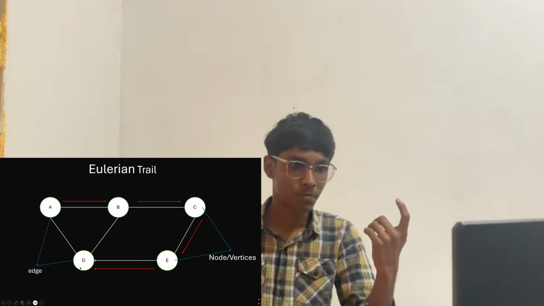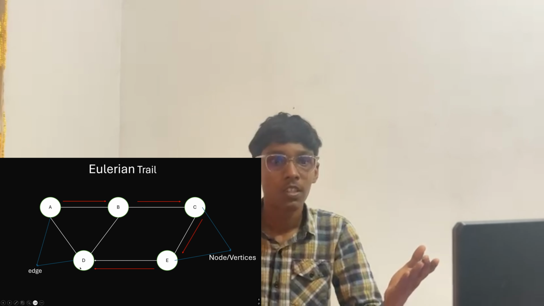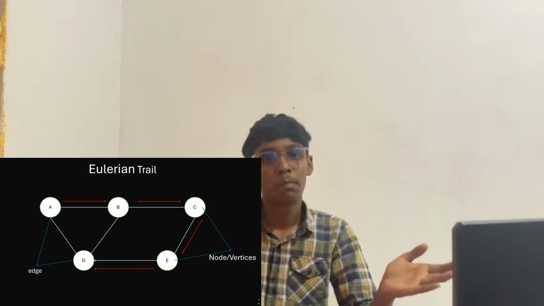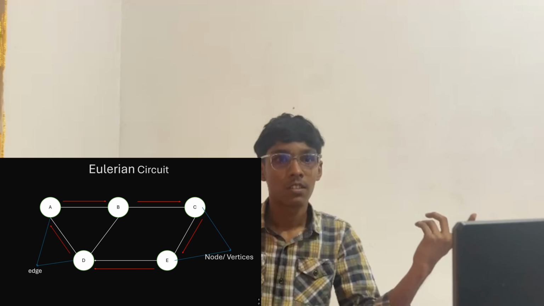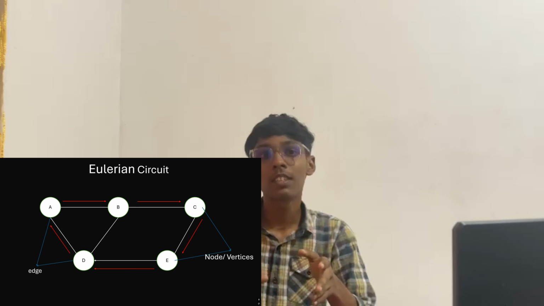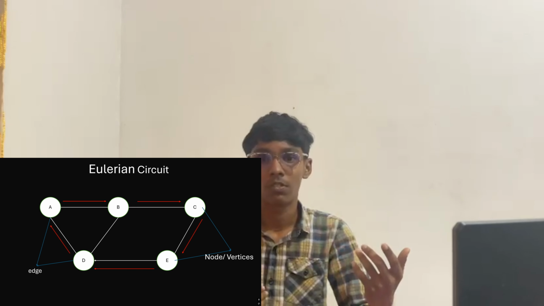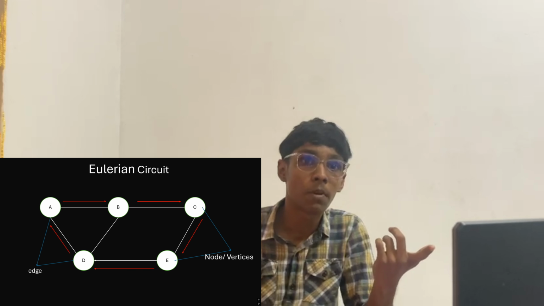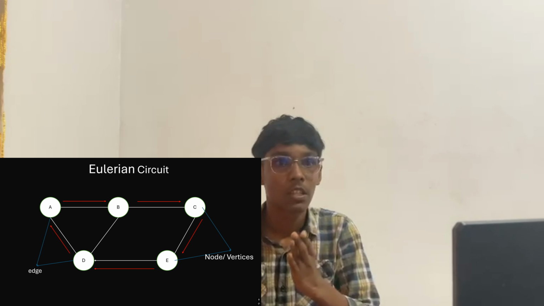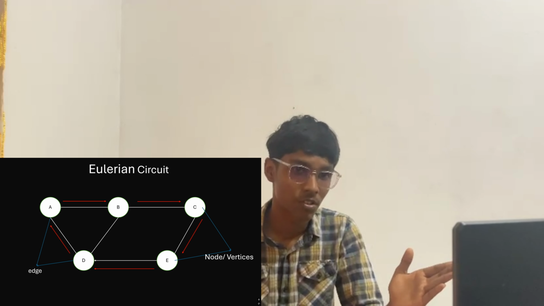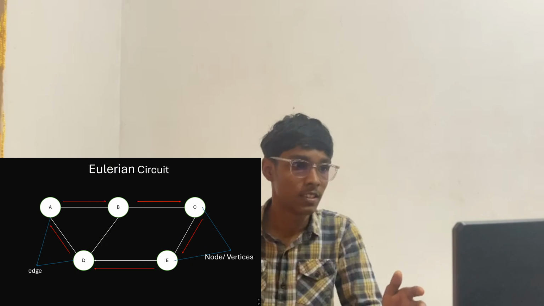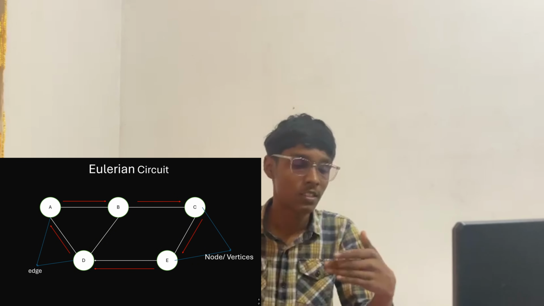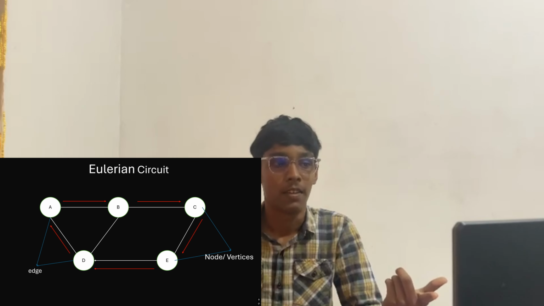Next we talk about the Euler circuit. A circuit is a path that visits every edge exactly once, the same as the Euler path, but in this case it returns to the start node. The Euler path doesn't end at the start node, but the circuit does. Like this, it starts from A and also ends at A.